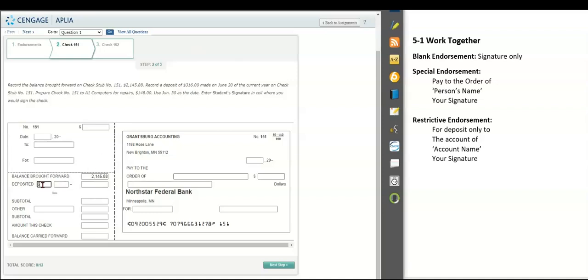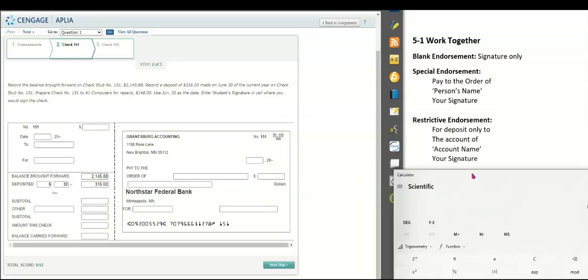You're just supposed to type the month here and then the date, okay? So June 30th, and then over here you put the dollar amount. So that was $316. Okay, so if your balance was $2,145 and you deposited $316, your subtotal is going to be the total of these. You're going to add them up.